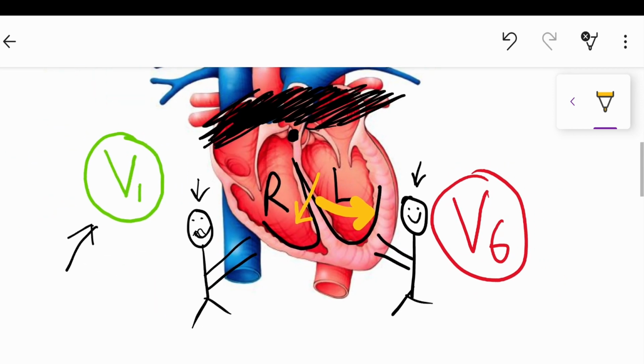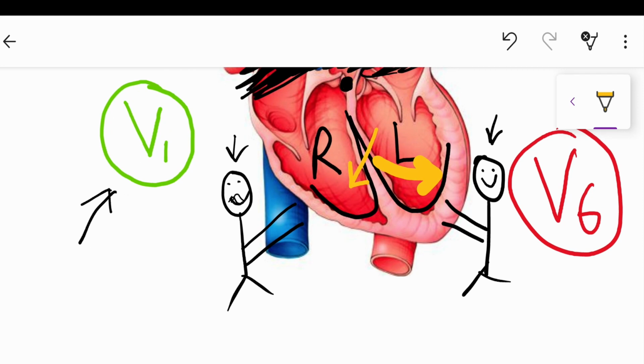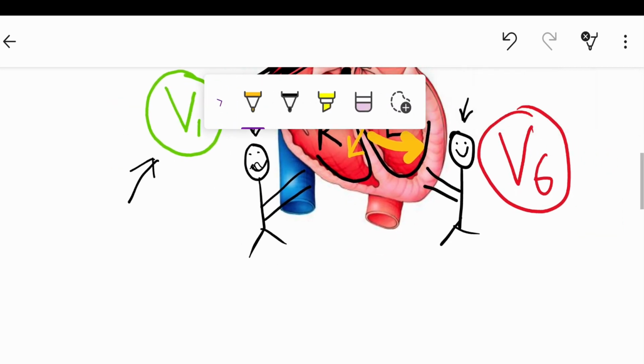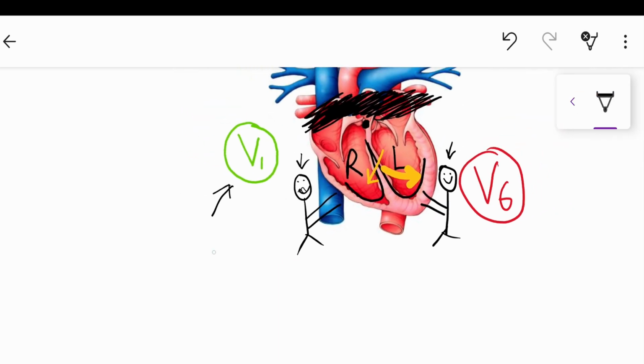So what happens when a wave moves away from its perspective lead? Negative deflection, of course, you guys already know this. If it moves towards, it's a positive deflection, okay? So how will this look? Alright, so I'm going to give a little draft.